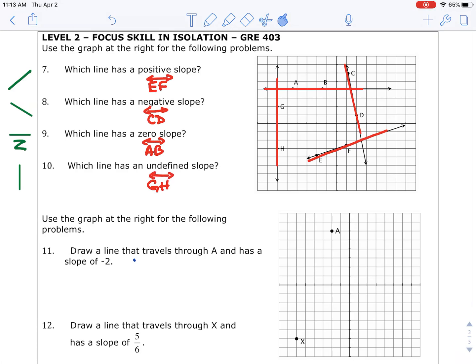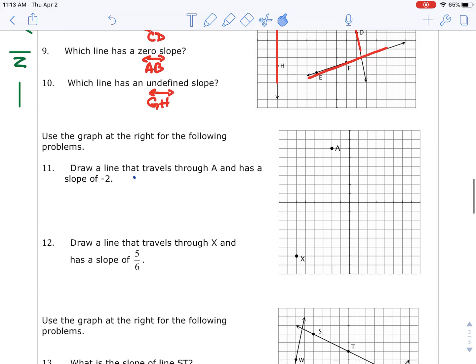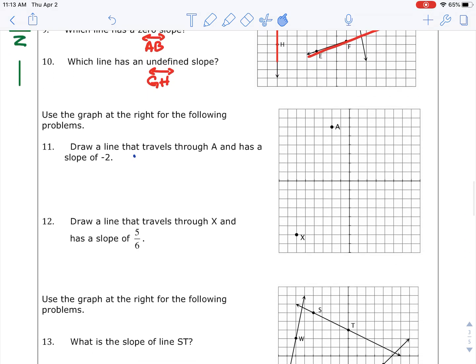All right, moving on to example numbers 11 and 12. The reminders here is that we are going to talk about the idea of rise over run. Remember that your rise is your up and down, your run is your left and right.